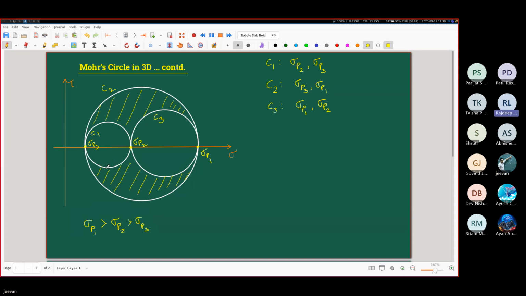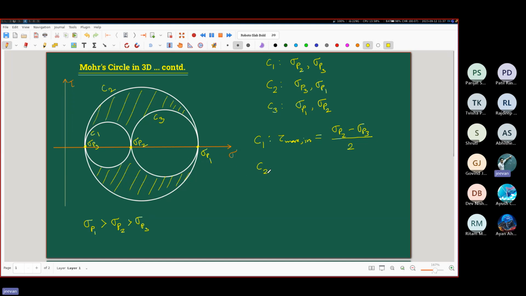Sigma P2 minus sigma P3 by 2. Very good. So with respect to circle C1, the tau max, and I make it a point to write this with a comma to represent the maximum in-plane shear stress, is equal to sigma P2 minus sigma P3 divided by 2.